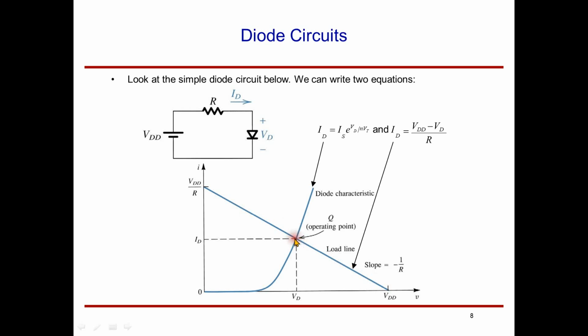After a certain point, after the cut-in voltage, the current will start to increase in the diode. So we have just discussed the diode equation, and this is the characteristics plot of the operating point, where we can find the operating point from this load line diagram.